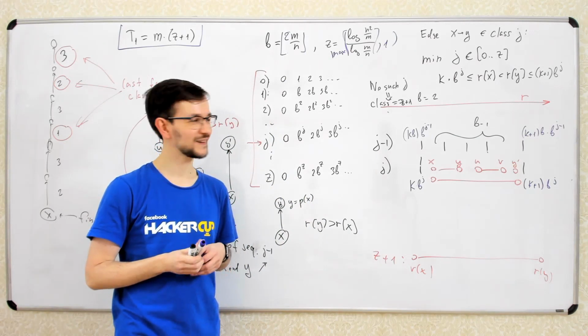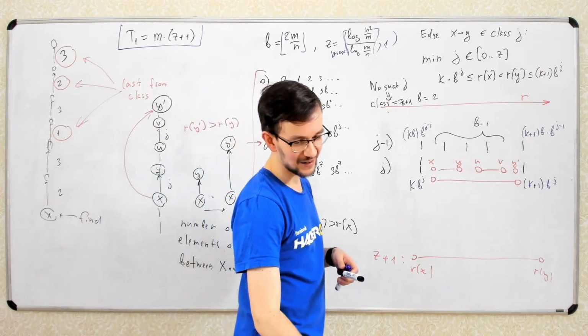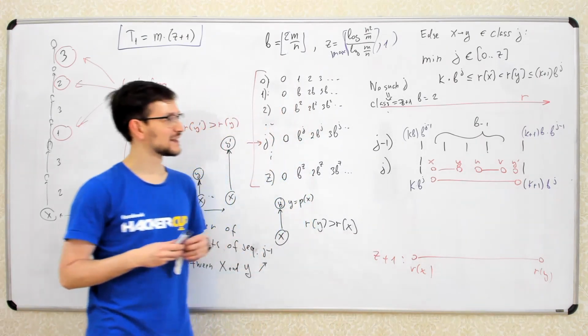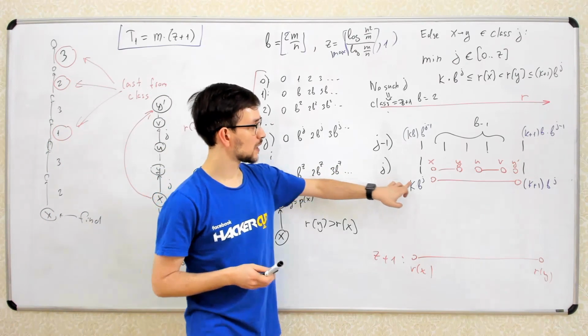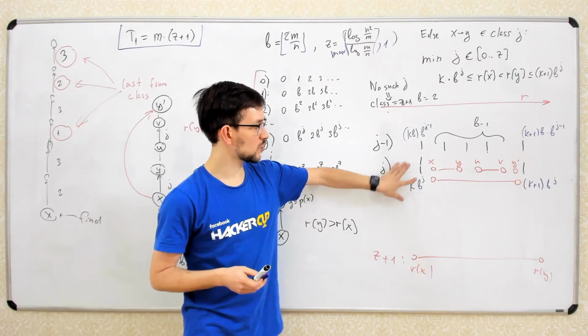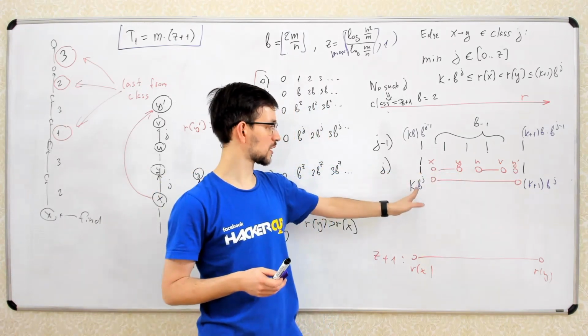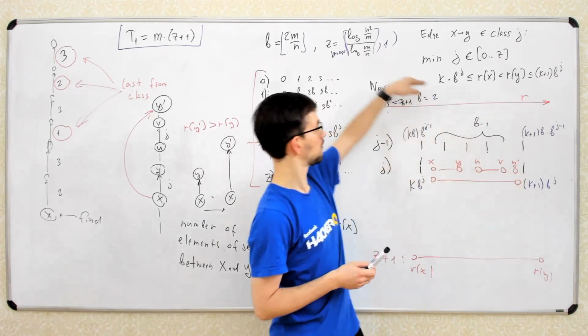Yeah? Are you alive? That stuff is a little bit complicated. So again, let's look at this in the sequence J. These two elements are between k multiplied by b power j and k plus 1 by b power j, just by definition.